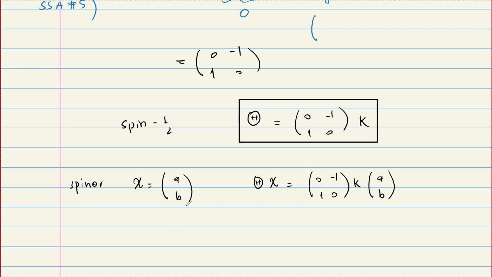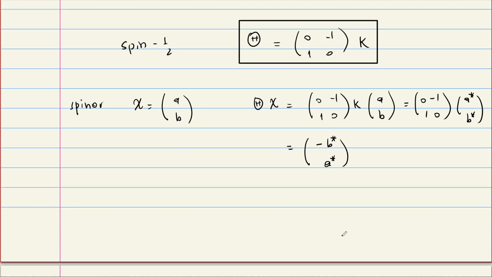And a and b are complex numbers. And this is going to give us, right, 0, minus 1, 1, 0. Complex conjugation is going to give me a star and b star. And now if I do the matrix multiplication, this is going to be minus b star and a star. Good. So this is one time reversal.